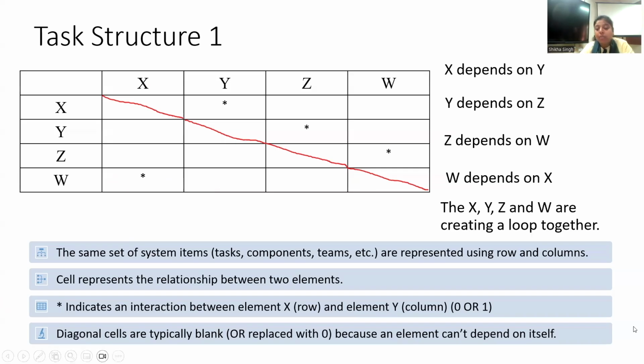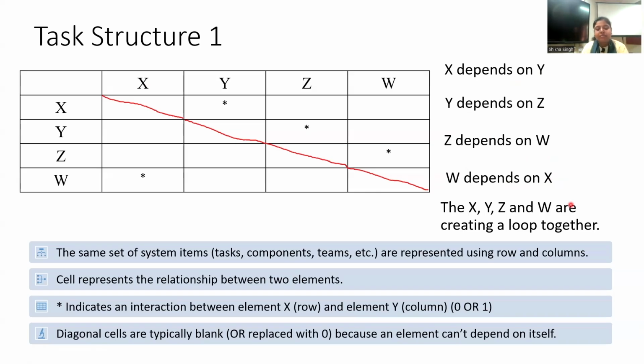How? This is the important point to notice here. X depends on Y, then Y depends on Z, Z depends on W, and W depends again on X. So there is a cyclic feedback which exists in this task structure matrix.